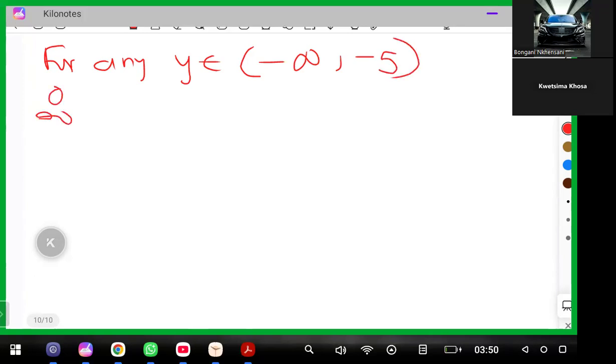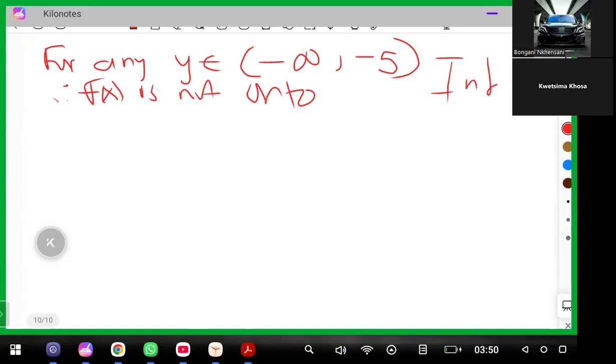Therefore, f of x is not onto. Yeah, so you guys, you will check for injective. Just check if x will be equal to y. Let's move to the third one.